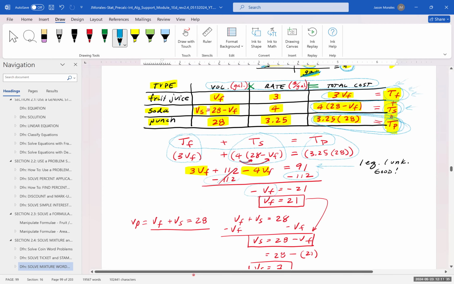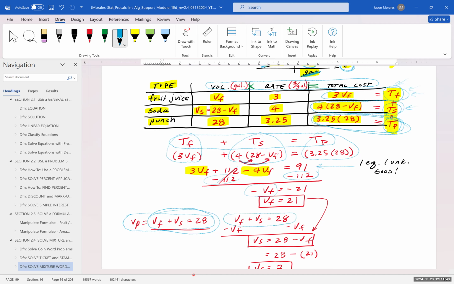So to find the volume of soda, we can use this relationship that we set up earlier and specifically just use this part of it. And that's what I've got written here. I want to be able to manipulate this to get volume of soda all by itself on the left-hand side. So I'm going to subtract the volume of F from this side.